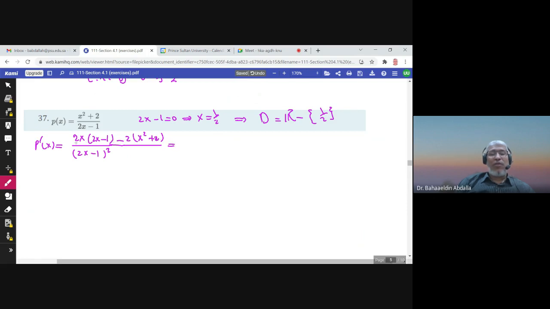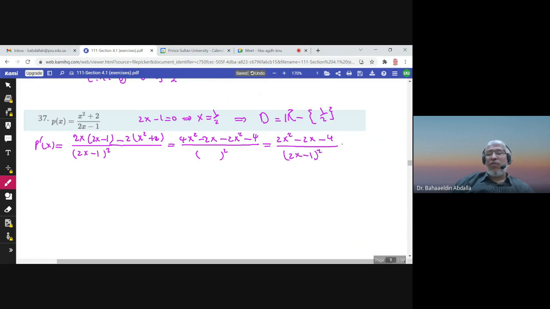And let us expand. 2x times 2x, 4x squared, minus 2x, minus 2x squared, minus 2 times 2 minus 4 over equals 4x squared minus 2x squared is 2x squared minus 2x minus 4 over 2x minus 1 to the power 2.